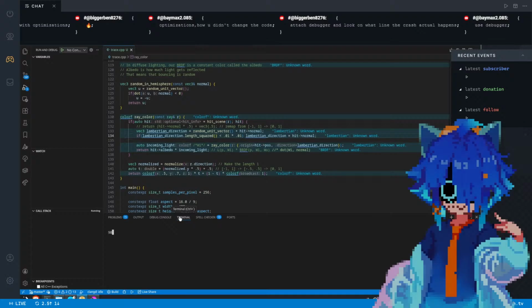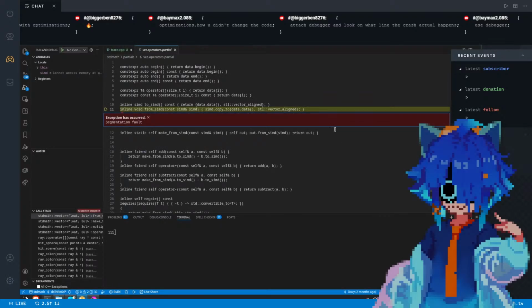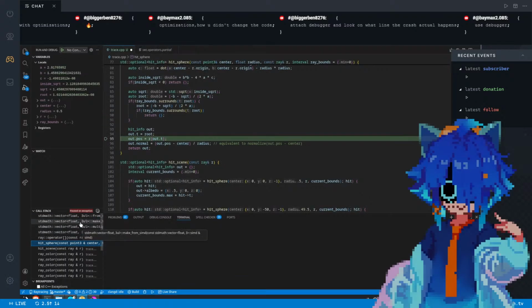It may also be worth our time, just as a check, it shouldn't be necessary, to normalize the direction. We're crashing in from Cindy. Cannot access memory. Hit sphere, hit pause, out.